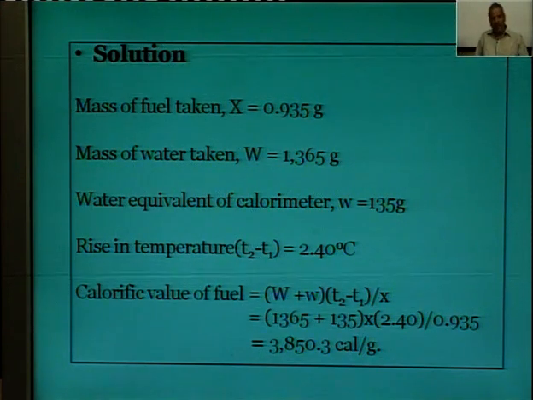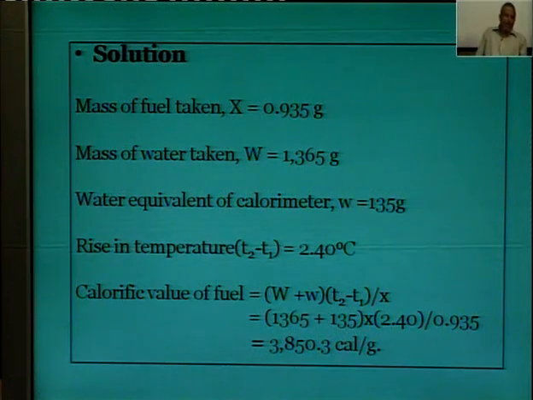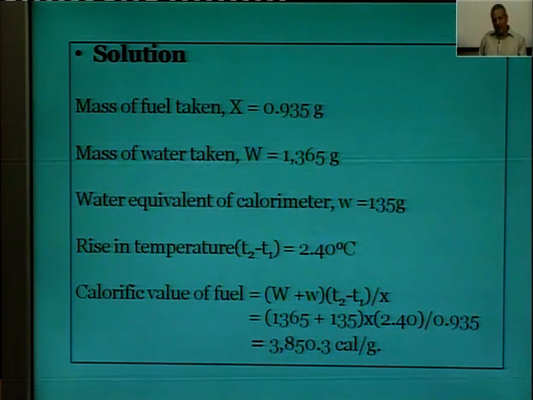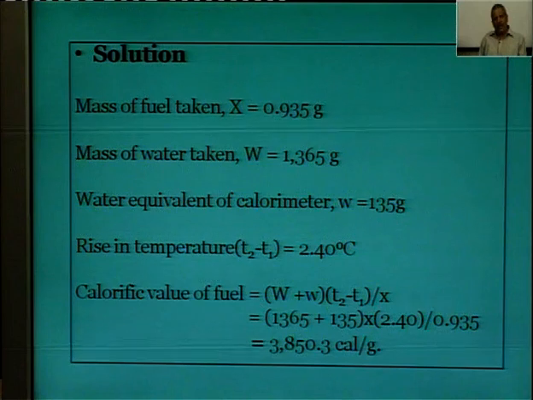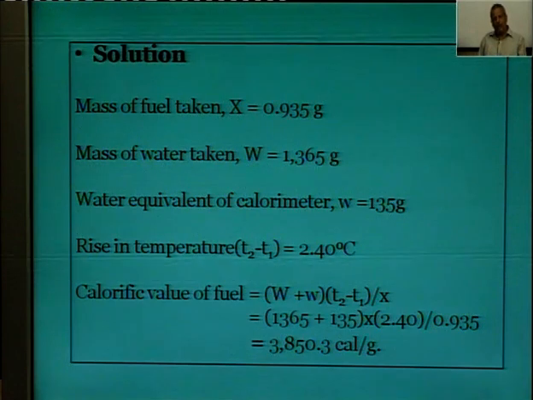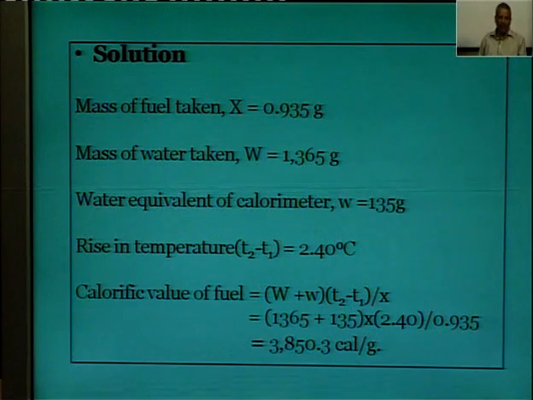kilocalorie per gram. Generally the fuel which contains less waste product or water content has more calorific value, while the fuel which contains more waste product or moisture content has lesser calorific value.